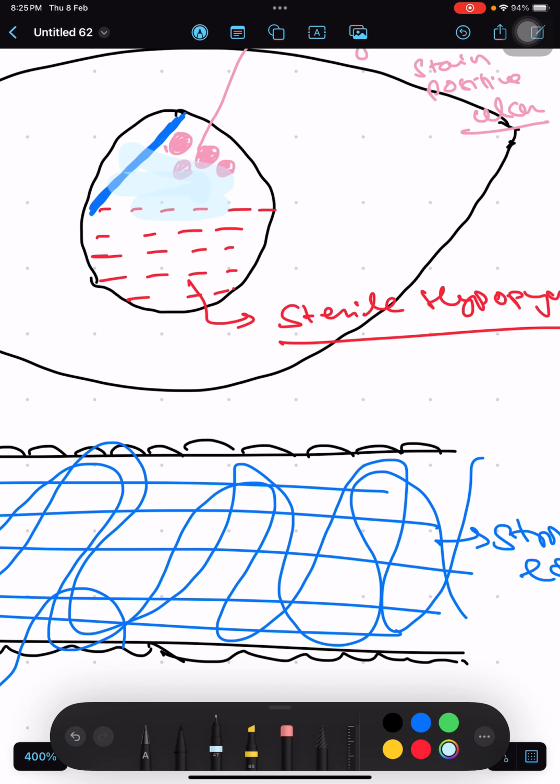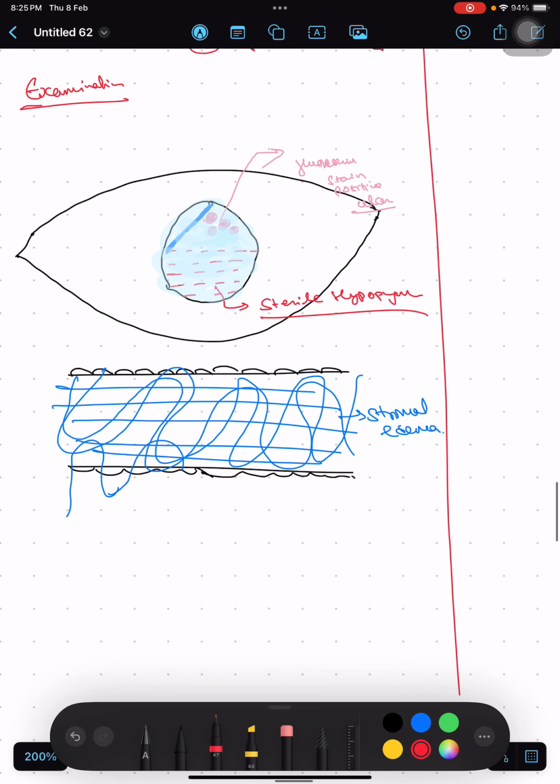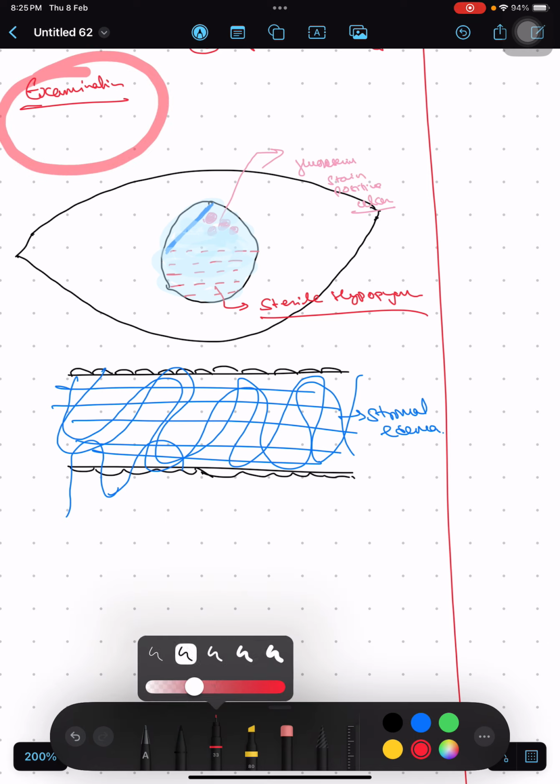Okay, it's well clear now. This is stromal edema. So you can see stromal edema, sterile hypopyon, Descemet's membrane fold, and fluorescein stained positive ulcers. So this is picture memory. It helps you better. So on examination, features of bacterial keratitis, if someone asks you, then you can easily write it down.